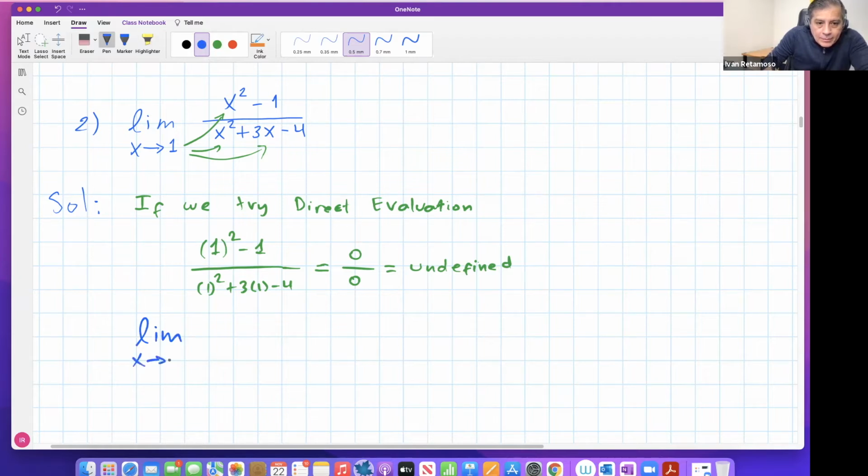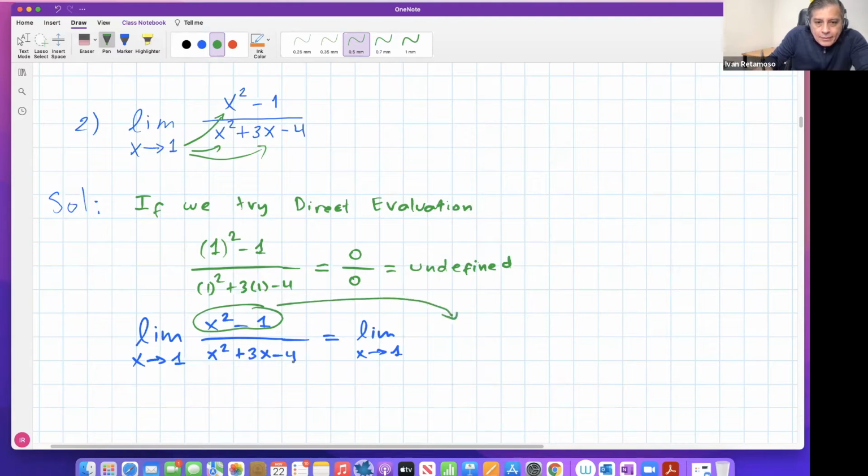The limit as x approaches 1 of x squared minus 1 over x squared plus 3x minus 4 should be equal to the following: the limit as x approaches 1 of the derivative of this guy over the derivative of this guy, right?